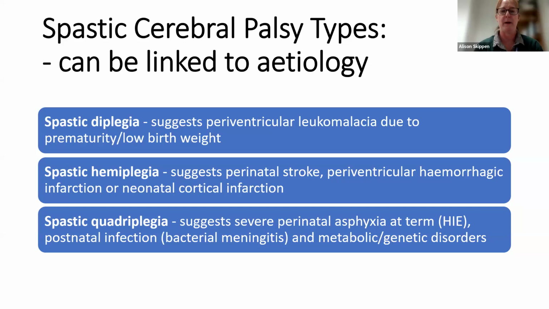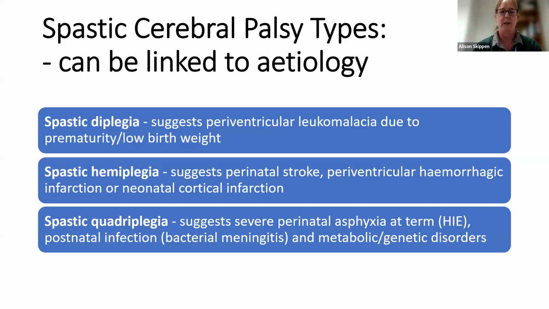So I talked about the periventricular leukomalacia with spastic diplegia. But with hemiplegia, the child may have had a perinatal stroke or a periventricular hemorrhage, because you're thinking about a lesion that's affected just one side. And then you can have, say, a neonatal cortical infarction as well. So it's usually some event that's affected just one side.